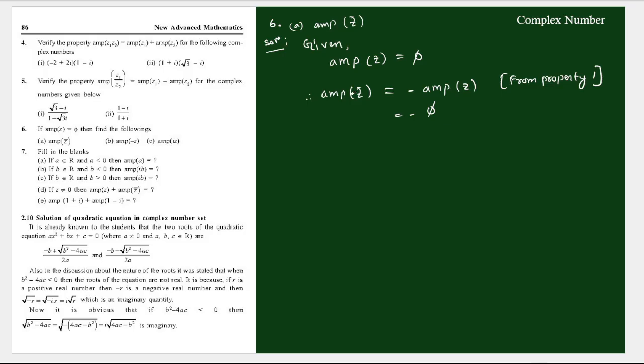What is number B? Amplitude of minus z. Amplitude of minus z means minus amplitude of z. So minus phi. Same. Amplitude of minus z equals minus amplitude of z. So minus phi. Amplitude of iz.